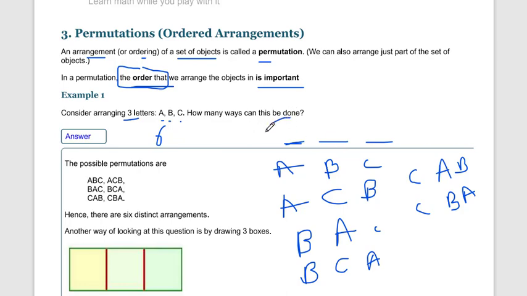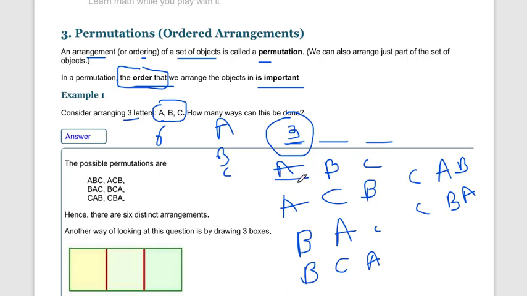First of all, in the first step there are 3 letters, so I can add any of the 3: A, B or C. So write down 3 here.